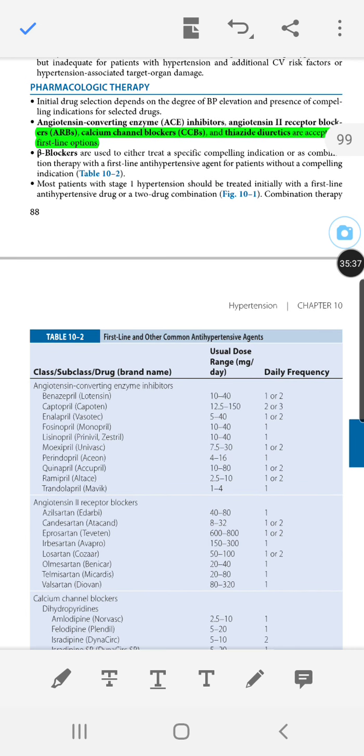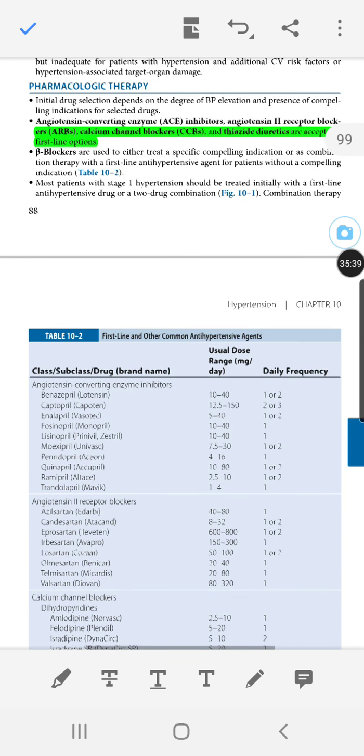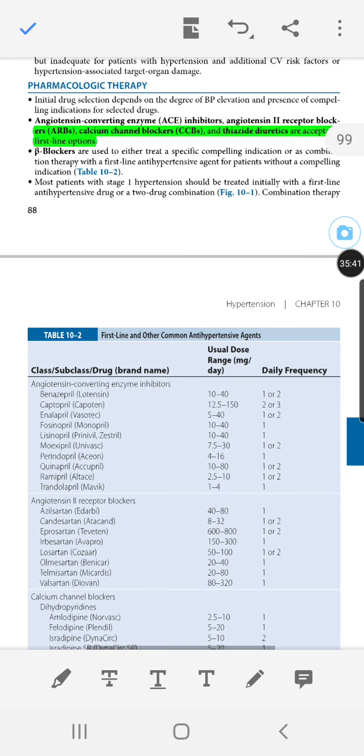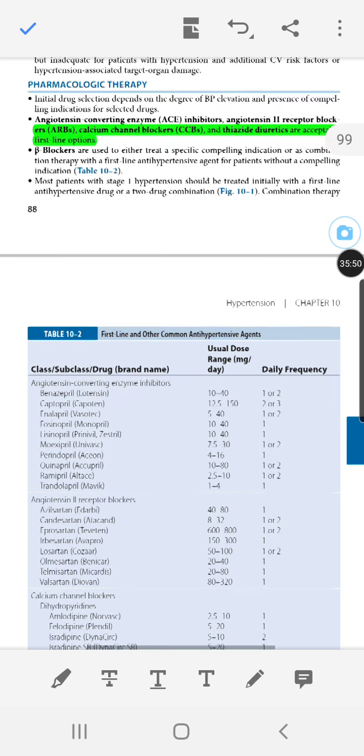Initially we give any kind of angiotensin converting enzyme inhibitor, angiotensin receptor blocker, calcium channel blocker, or thiazide diuretic. These are the four classes. These are the first line agents.